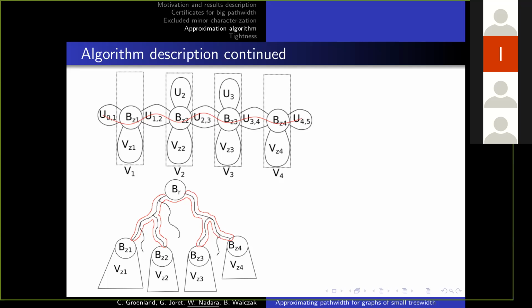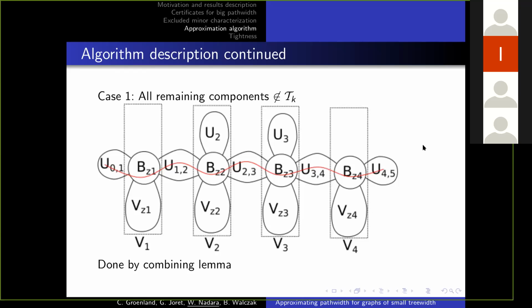And in order to do that, we need to know that if we remove all these vertices from this backbone, all other components are small. They do not belong to TK. And this will be our first easy case. If it is indeed the case that all other components, after removing these vertices from this created backbone, do not belong to TK, then we are done by the combining lemma.